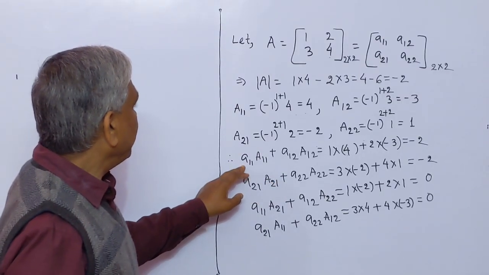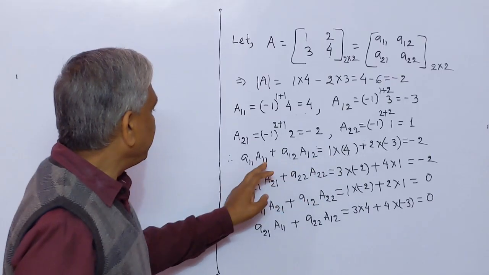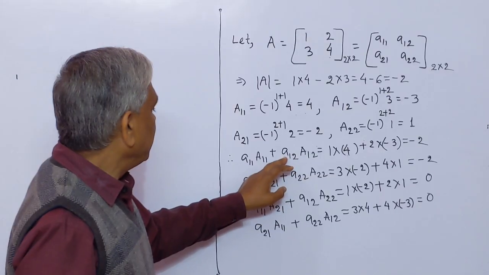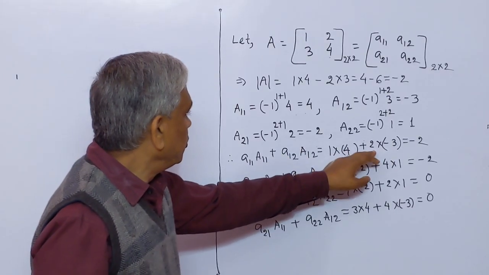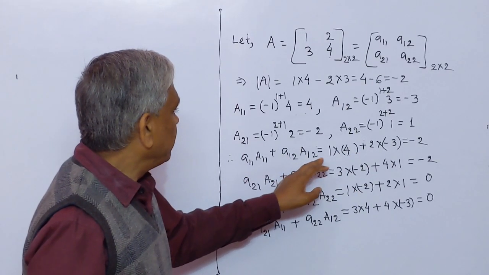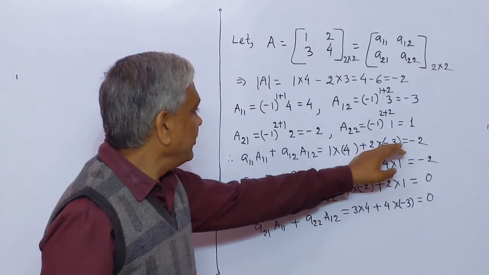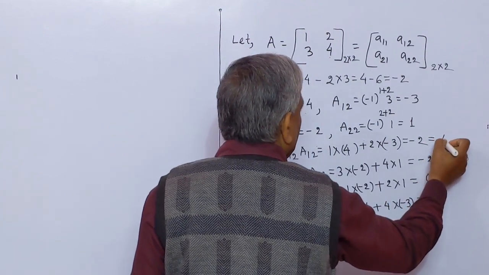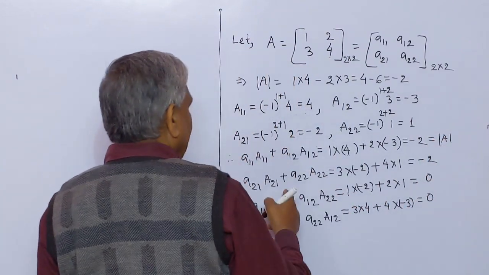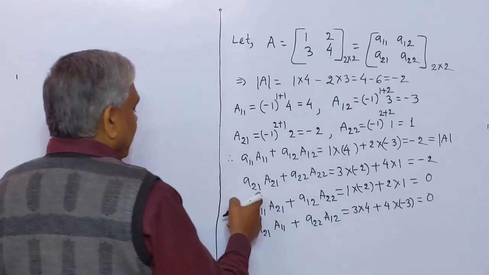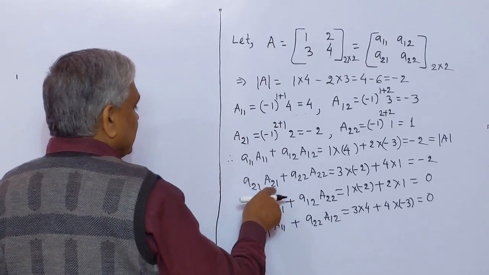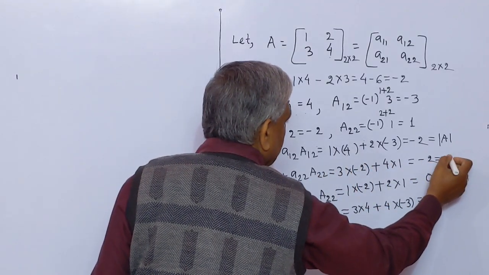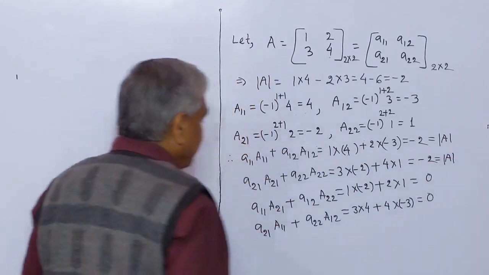So this is A11 is 1 multiply capital A11 is 4 plus small a12 is 2 multiply capital A12 is minus 3 and this is minus 2. This is equal to the determinant of the matrix. Similarly, this is the element of the second row and scalar multiplication with its corresponding cofactor. This is also minus 2. This is the value of the determinant.